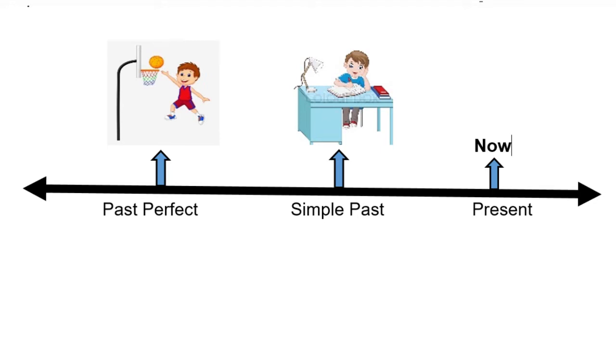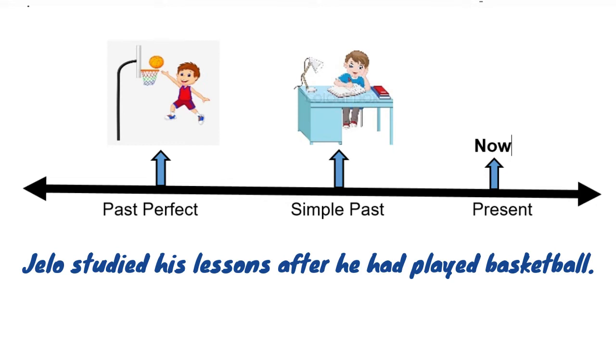Let us try this. Look at the given illustrations, determine which happened first, then use the simple past and past perfect tenses to complete the sentences. The first one is done for you. Jello studied his lessons after he had played basketball.